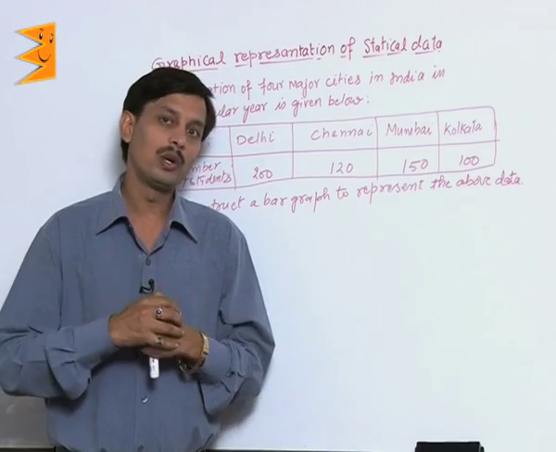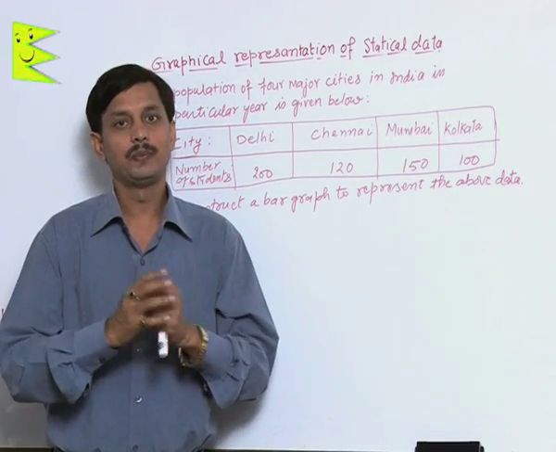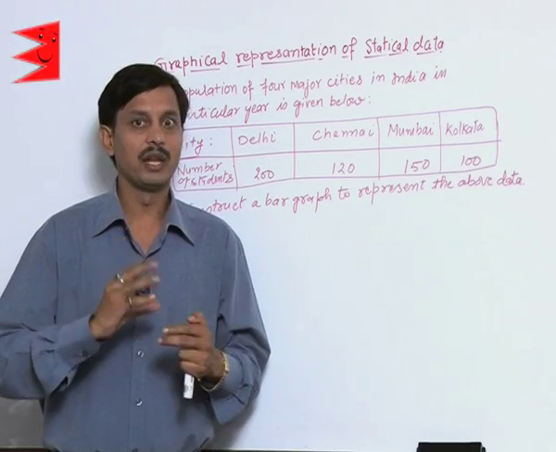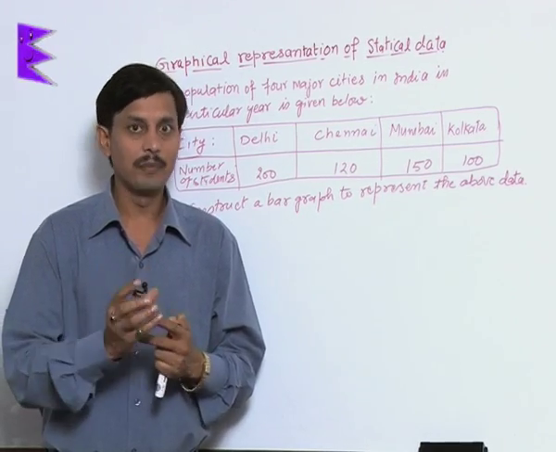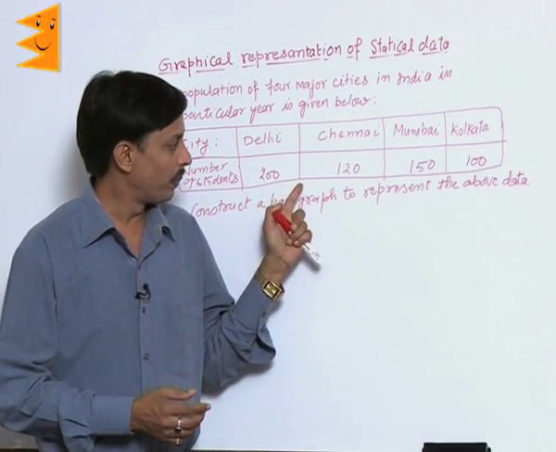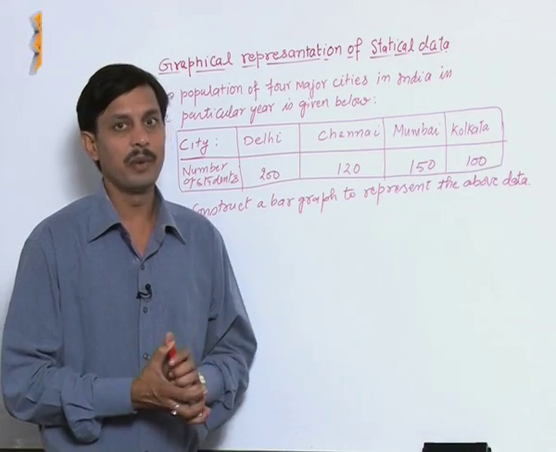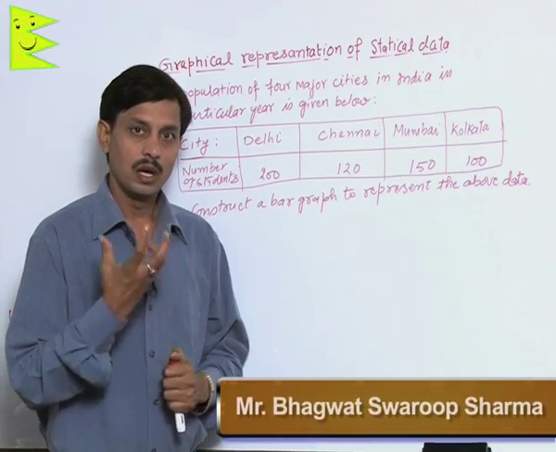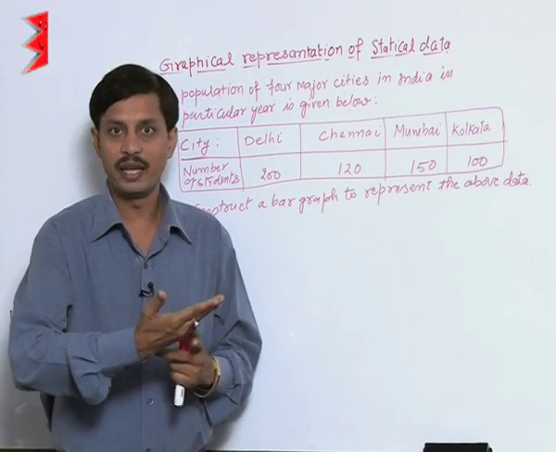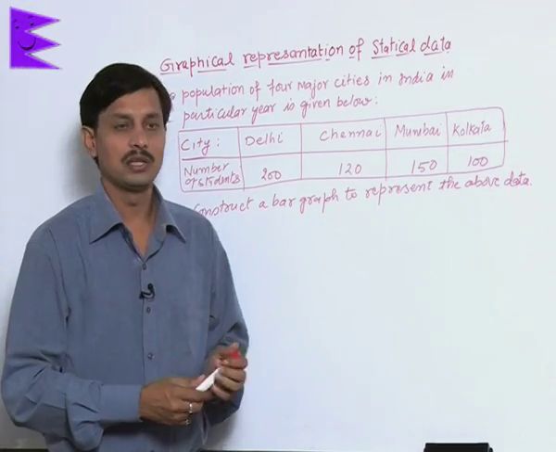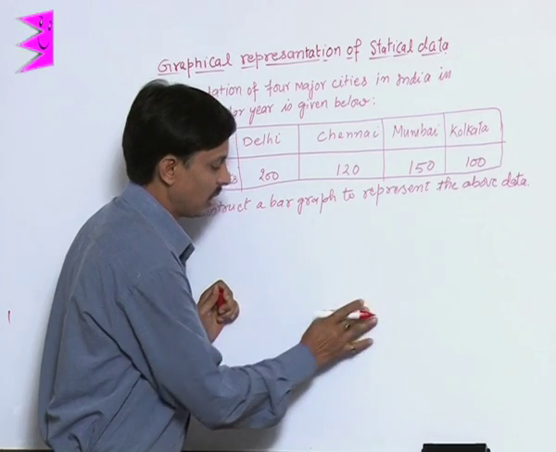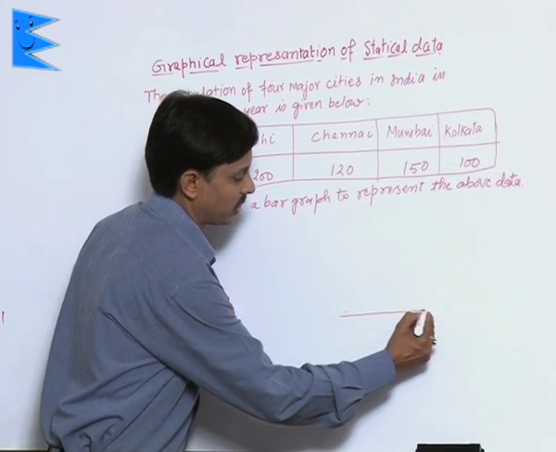As and when we want to represent the data, we need a graph paper, because there we can show things exactly in a presentable form. To represent this information in the graph, we need two axes. One, the horizontal line, is the x-axis, and the vertical one is the y-axis. Suppose this is the x-axis, the horizontal line.